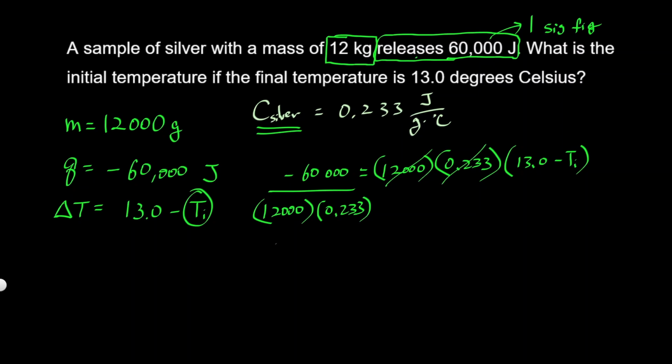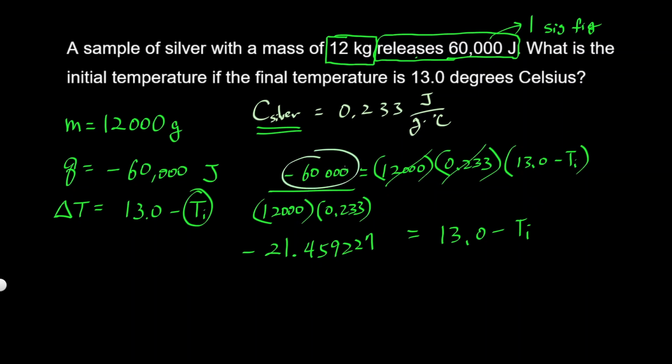Let's see. That is equal to negative 21.459227, and it keeps going. That's equal to 13.0 minus T initial. But since we divided, and now we're going to add and subtract, let's figure out the sig fig.